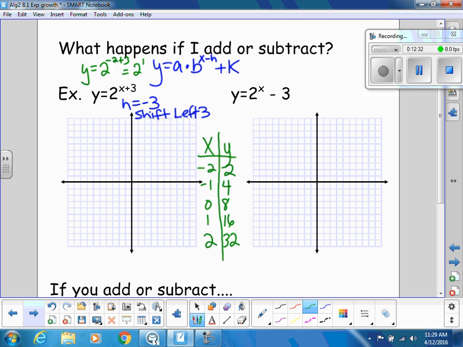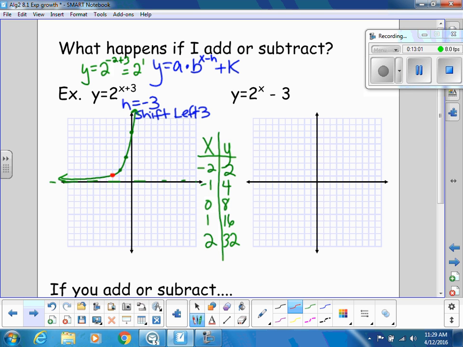So at negative 2, I'm at positive 2 already. At negative 1, I'm at 4. 1, 2, 3, 4. At 0, I'm at 8. And then at 1, I'm already off the chart. Okay, so I still have that asymptote, but what happens with that is everything got shifted over. So remember, this was originally right here at 1.